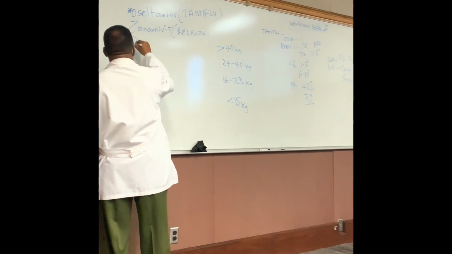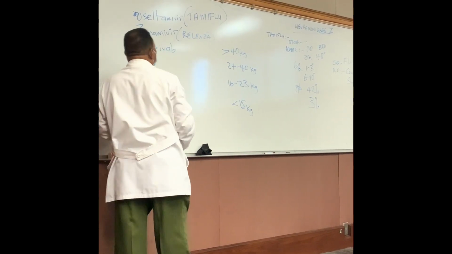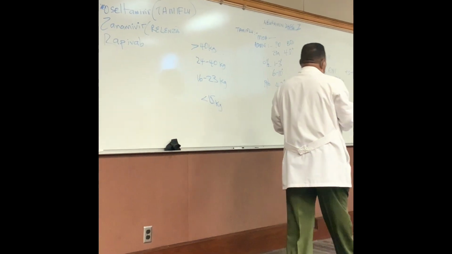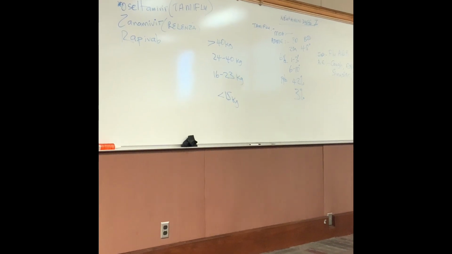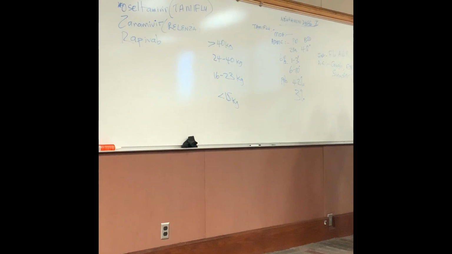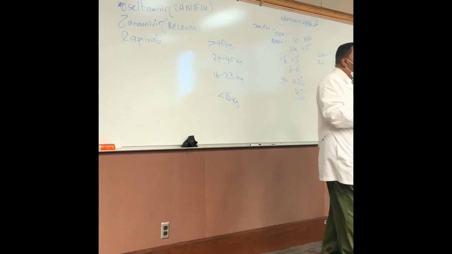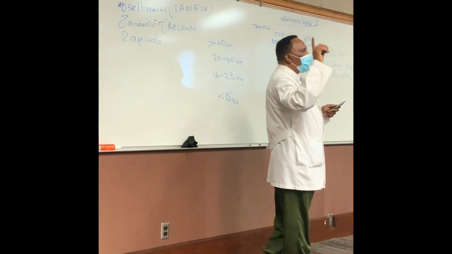Rapivab is another neuraminidase inhibitor, but that one is administered by injection. You give Rapivab IV, and you give 600 milligrams, and it's only once.